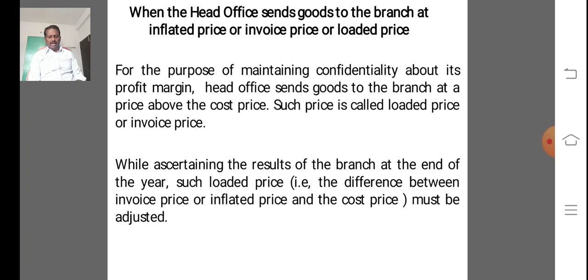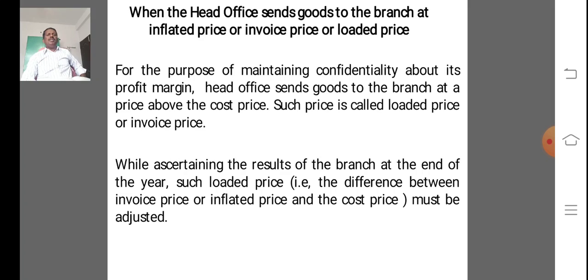Such price is called loaded or invoice price.